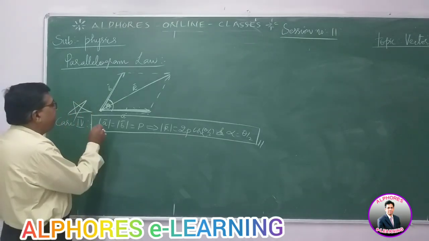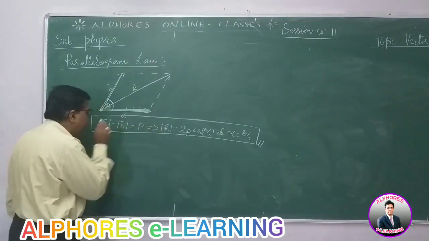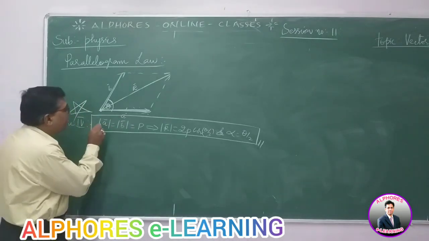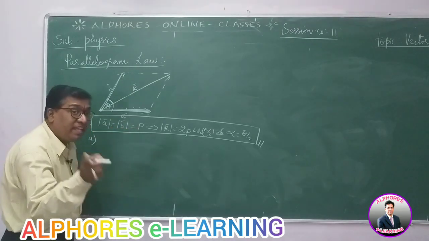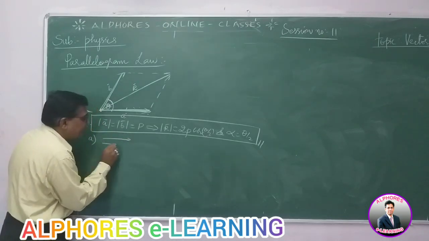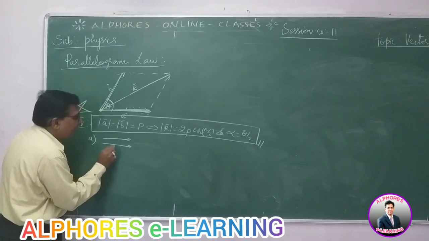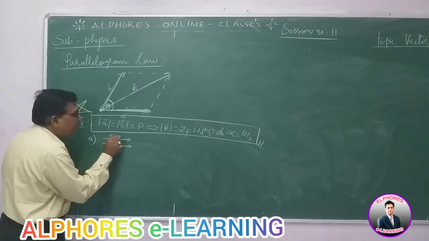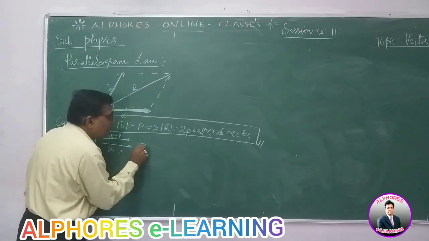So mod A and mod B are P. Now, let me take multiple cases. If there are two vectors of the same magnitude in the same direction, A and B, mod A is P, mod B is also P, then how about the resultant?